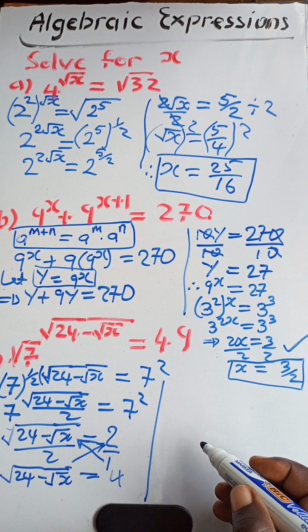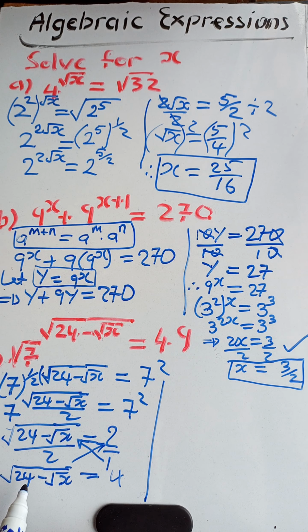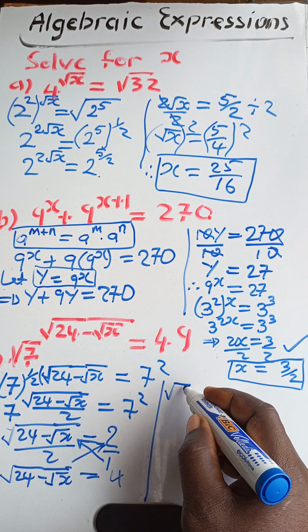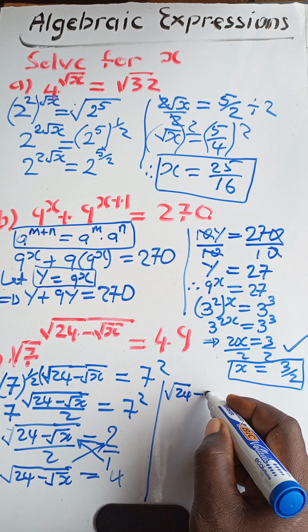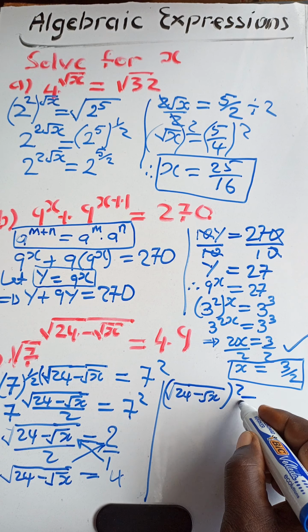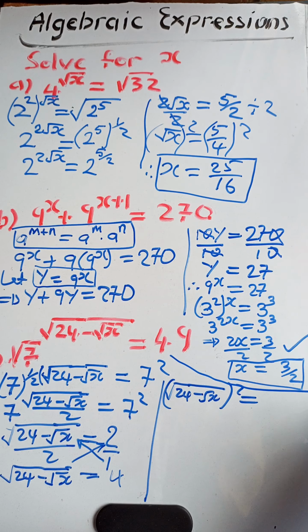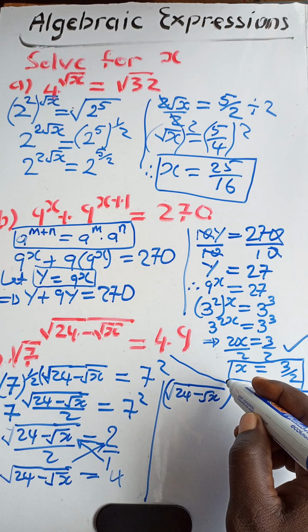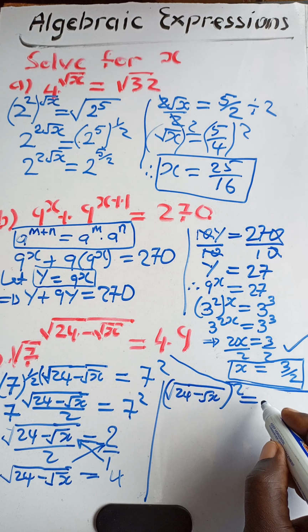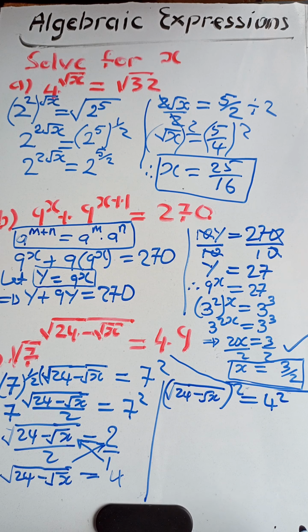All right, now we have got to this level. We have this radical expression equals 4. To remove the square root sign, we just have to square both sides. Okay, so root 24 minus root x, we square it, and we come and square 4.